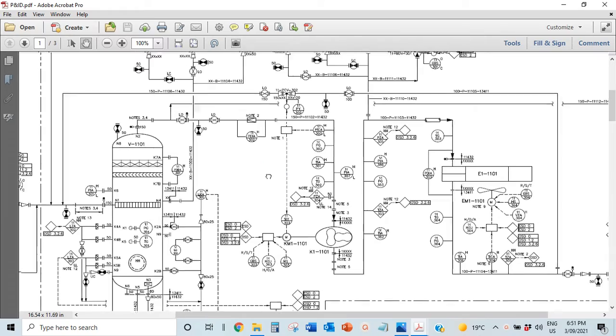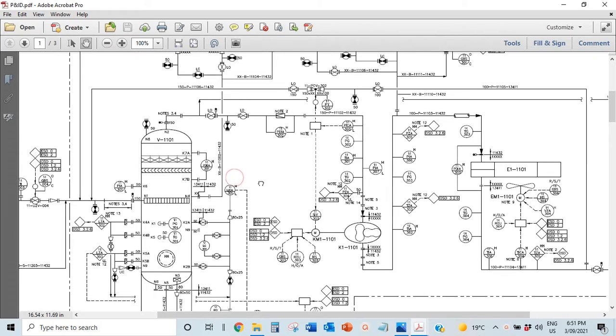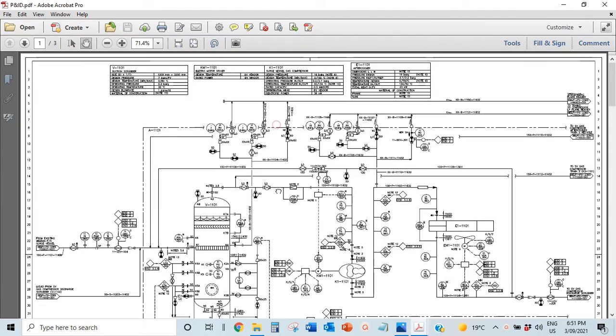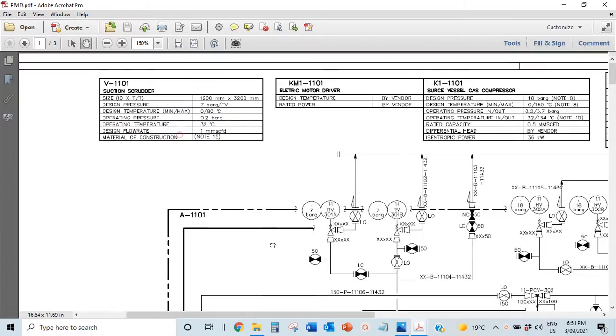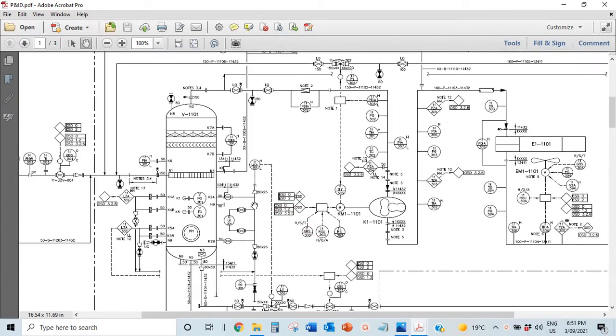But okay, I want to give a quick rundown overview of this compressor system, and explain how it works so that you have that idea. It's also good knowledge.